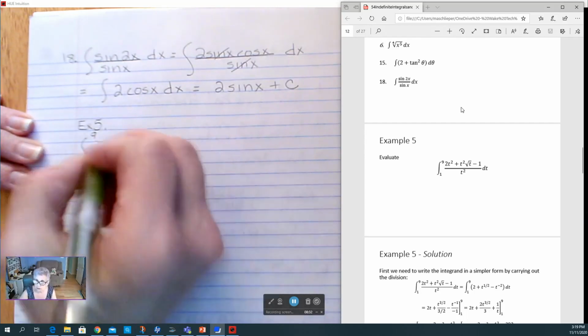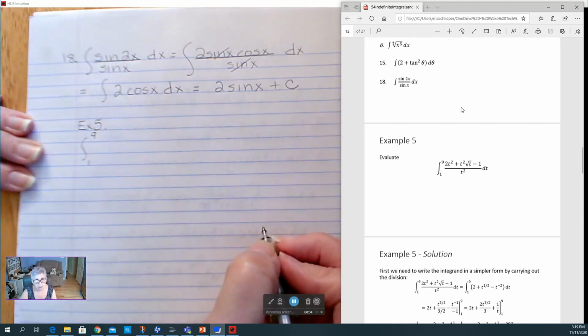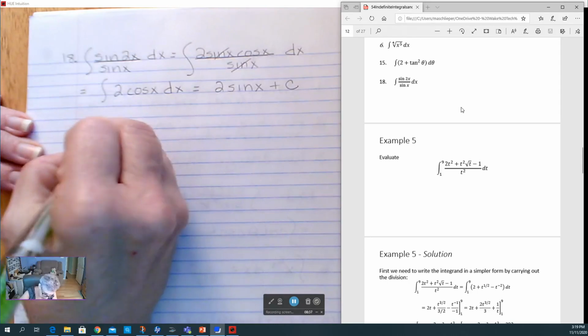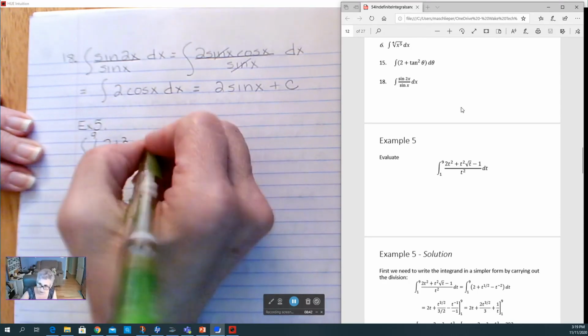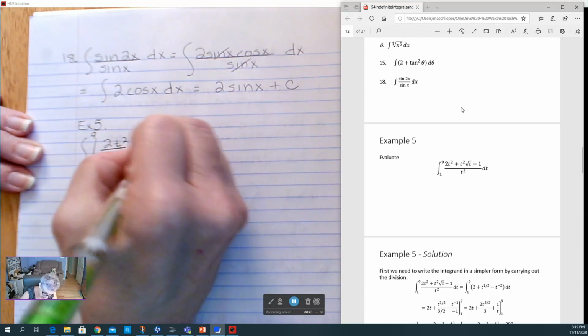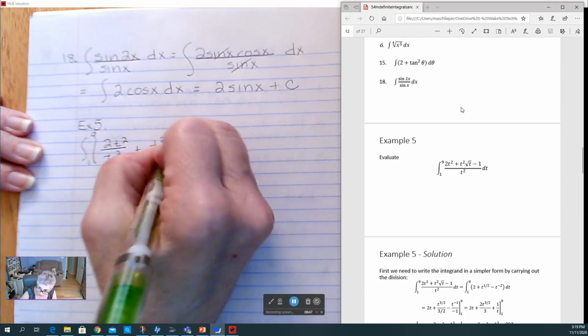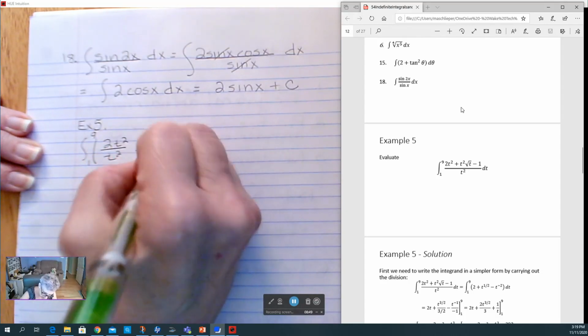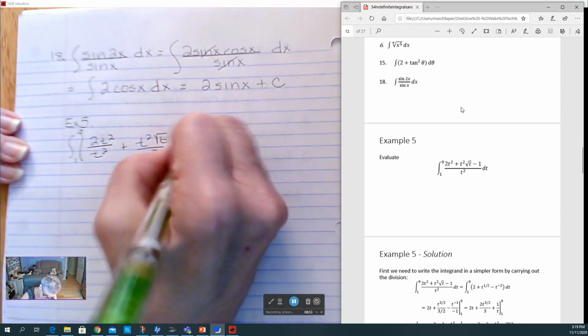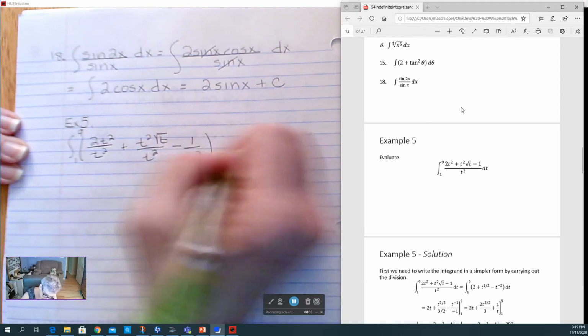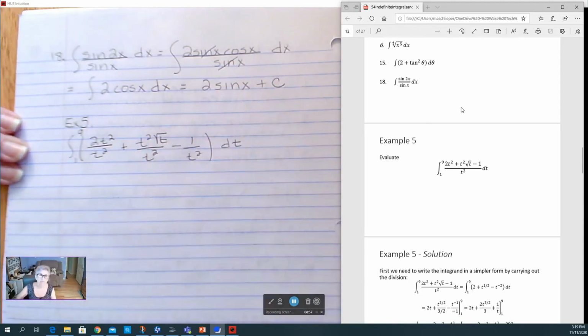The integral from 1 to 9, and I'm going to go ahead and divide it into pieces. So I have 2t squared over t squared plus t squared times the square root of t over t squared minus 1 over t squared.